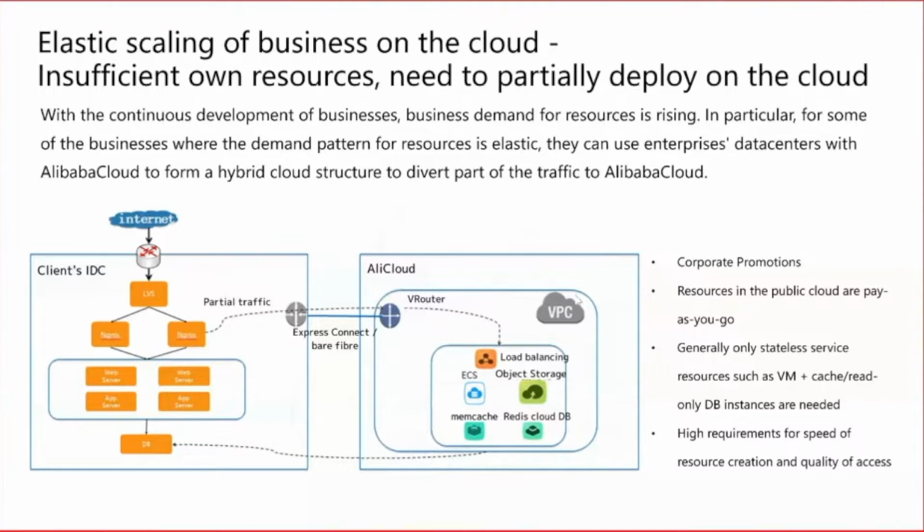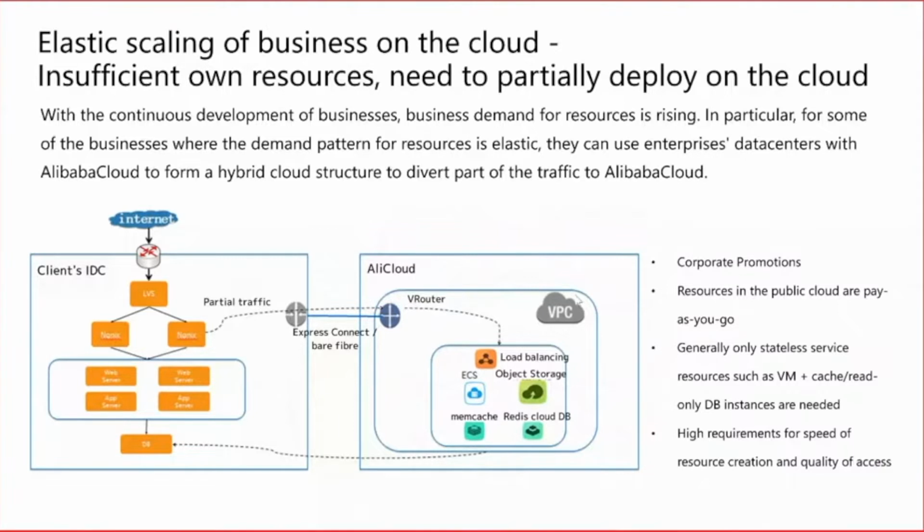For example, there are times when enterprises conduct online promotional campaigns, during which a large number of cloud computing resources have to be prepared in a very short period of time. Enterprises can then leverage Alibaba Cloud to scale up and provide sufficient resources using its pay-as-you-go model.